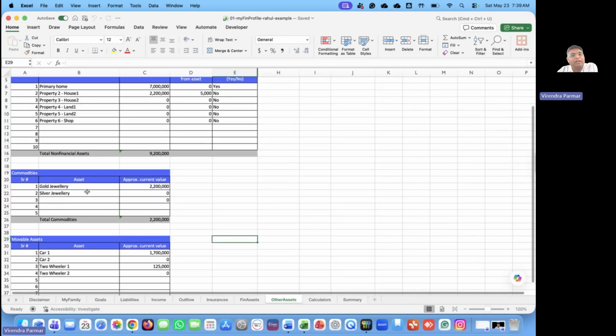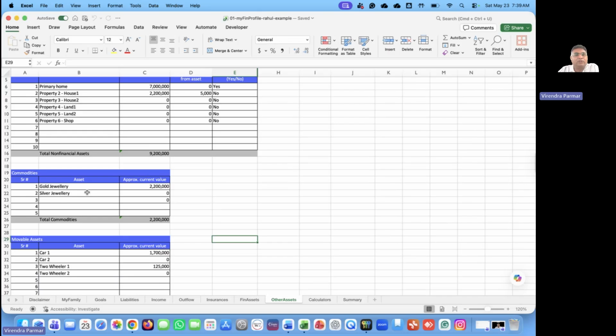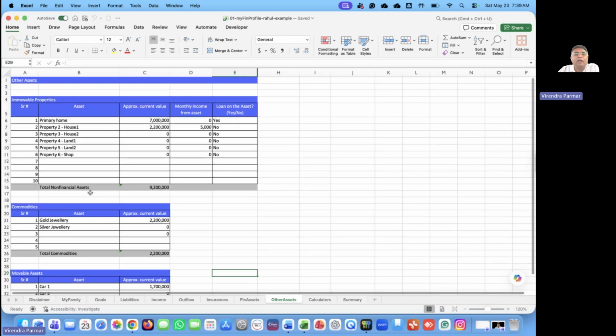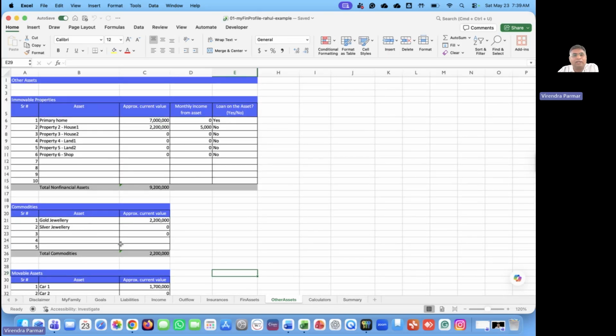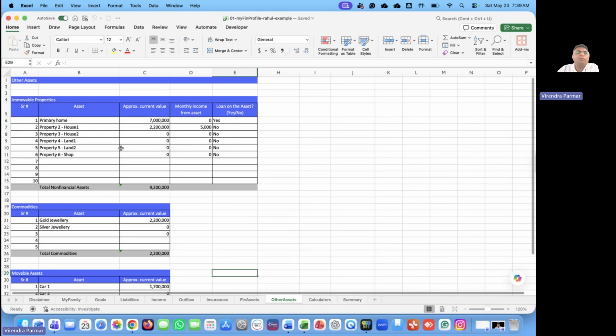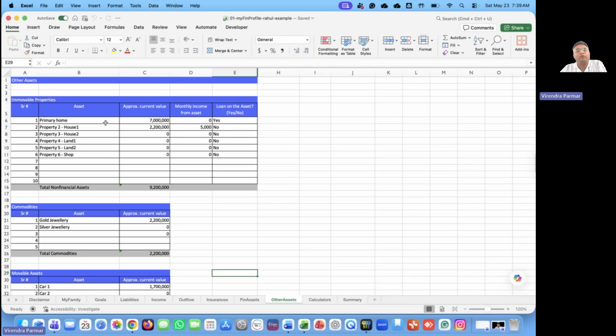Commodities also, most Indian families will have gold and silver jewelry, so that's what I have captured here. If you have gold ETF or something, it should go to financial assets. Okay. And properties, as you can see, the primary home is the main one, and then you may have multiple properties. So just put the approximate current value of each one.